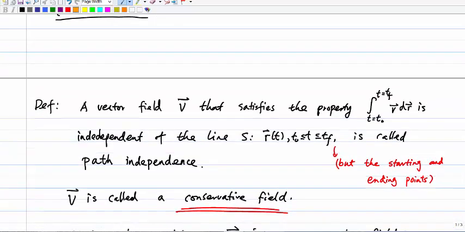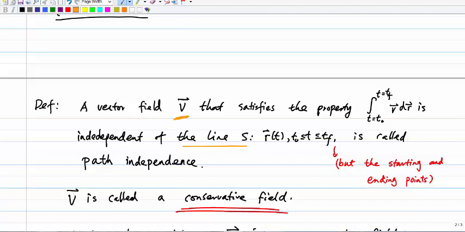A vector field V that satisfies the property that the line integral over that vector field is independent of the line, depending only on the starting and ending points, is called path independent. Which means the vector field is very important, not the line, because it doesn't matter which line. The vector field itself has a certain property that guarantees that it's path independent.